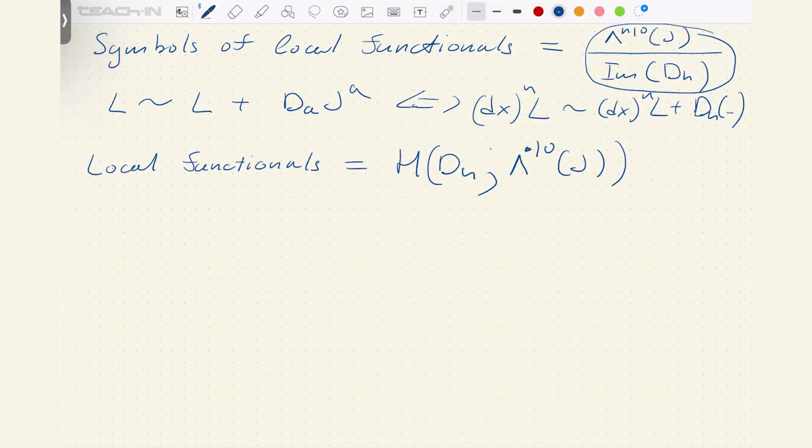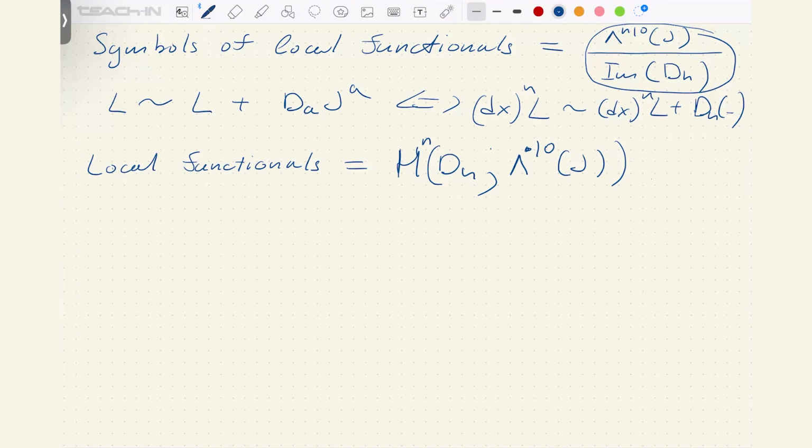Because a top horizontal form is automatically annihilated by dH, just because you have already enough of dx's, and they give 0. But the image of dH is precisely what we quotient in this cohomology, right? So it's the cohomology of dH in form degree n in the space of horizontal forms.